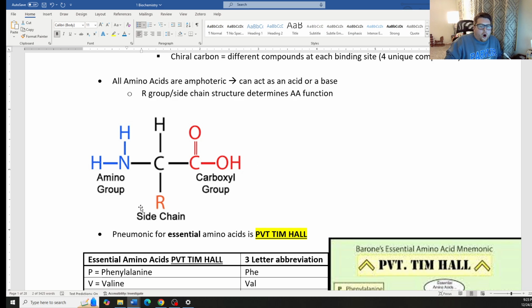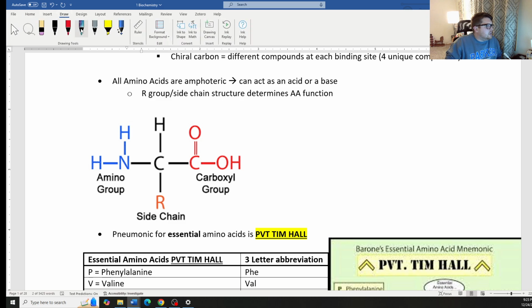And then we have an R group. This R group determines the properties and the function of each of our amino acids. All the rest of the structure is always the same for every amino acid except for the R group. Glycine's R group is just one singular hydrogen.